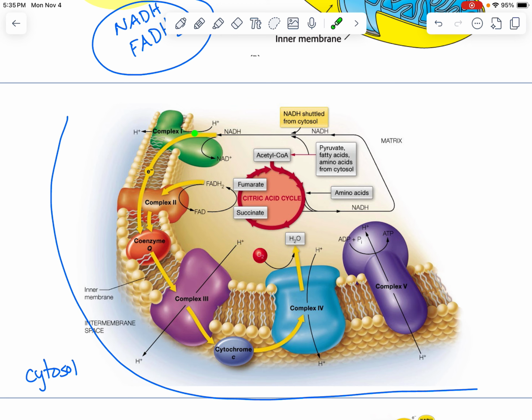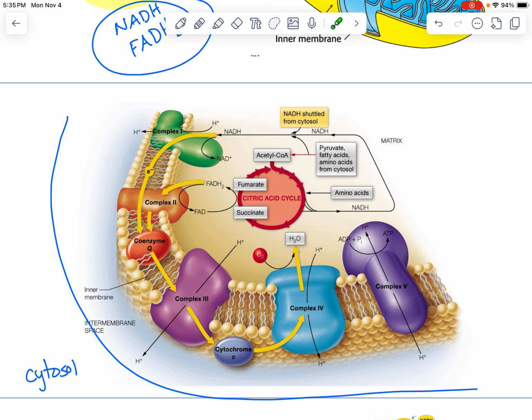And you can see that happening several places along here. So today we're going to look at complex 1, which is a portion of this electron transport chain, in detail, and then we'll look at the other ones, but in less detail.